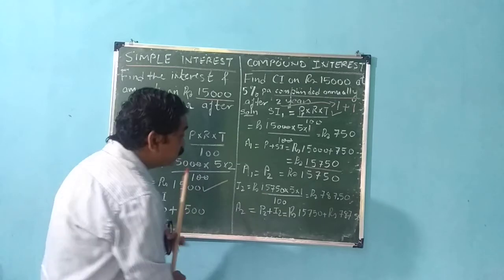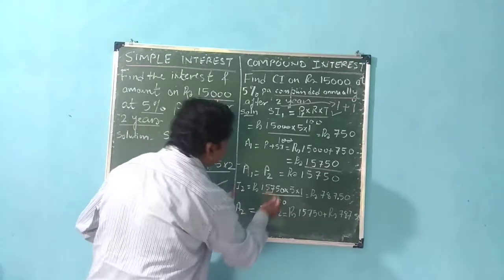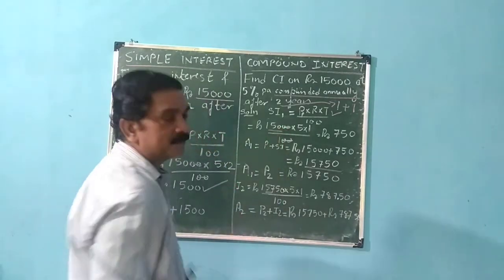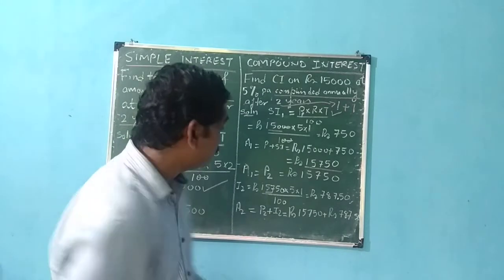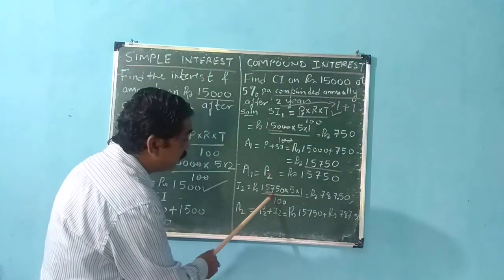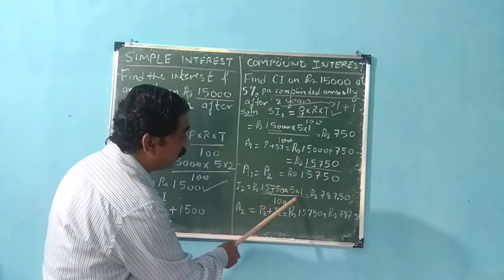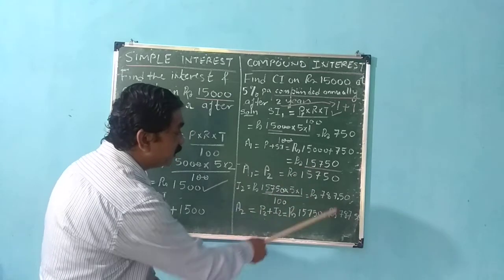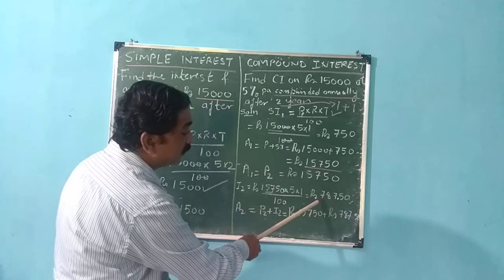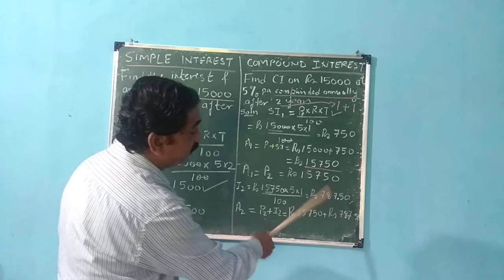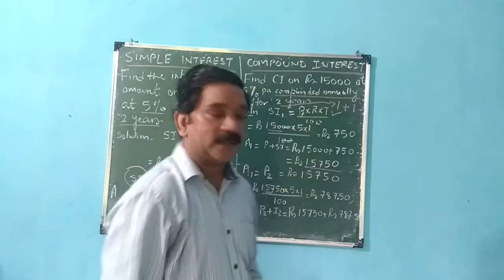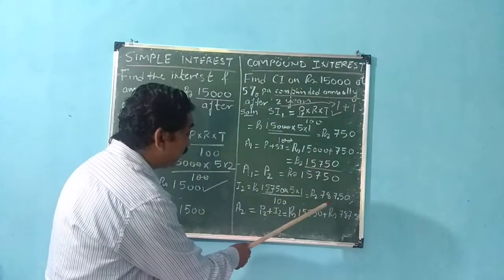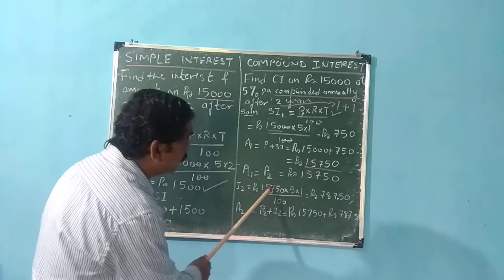Here you see this figure has changed. After 1 year the money will change. So 15750 into 5 into 1 by 100, you divide this, you will get 787.50 paisa. Clear? Now this money again we will add to this money, not to that money, okay?